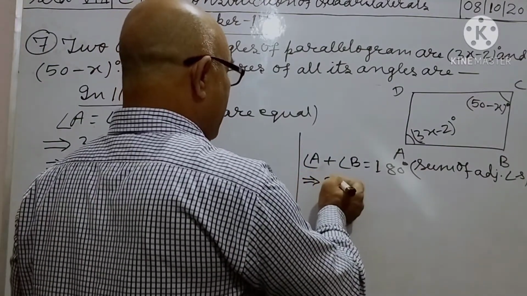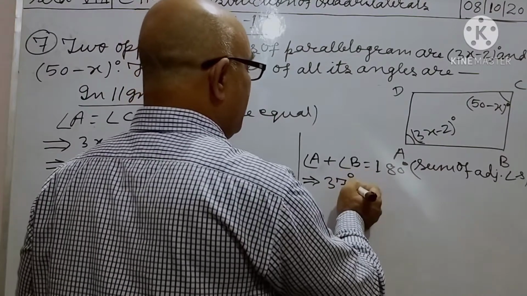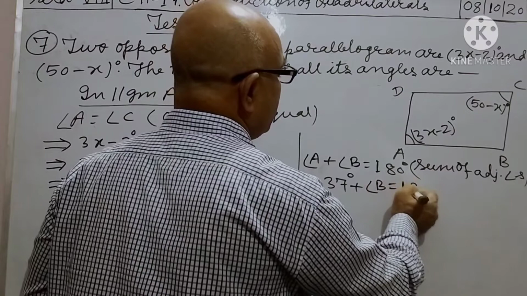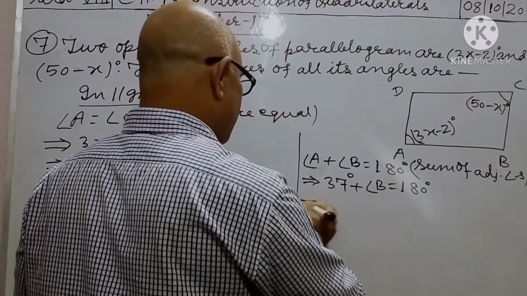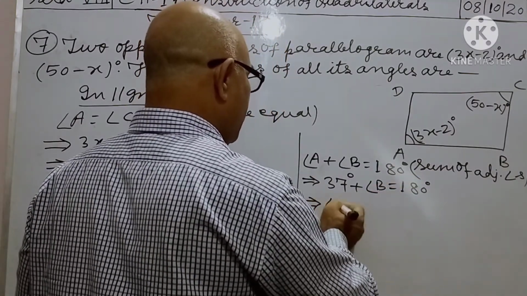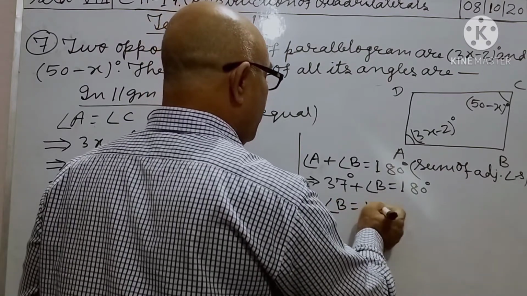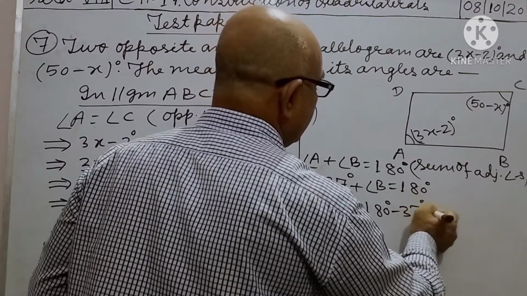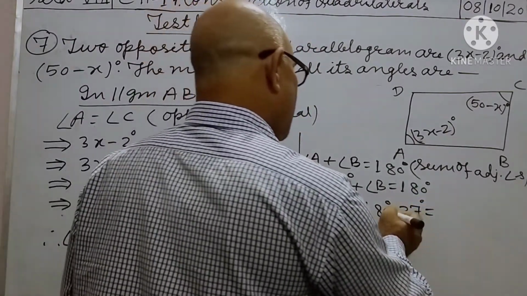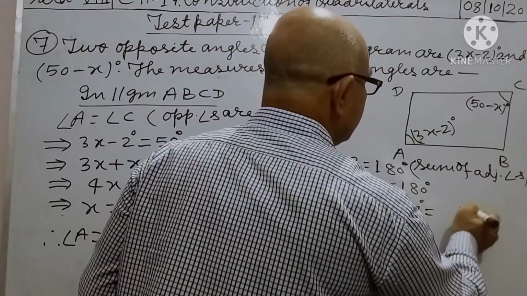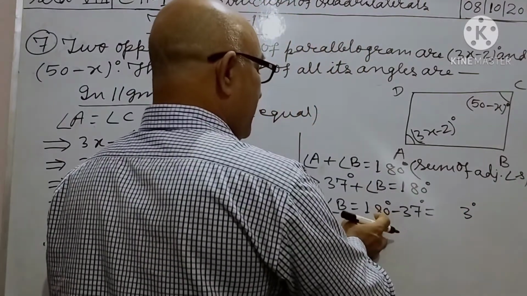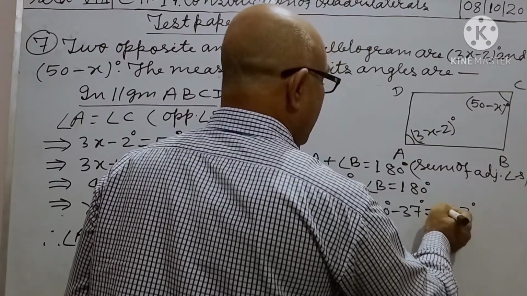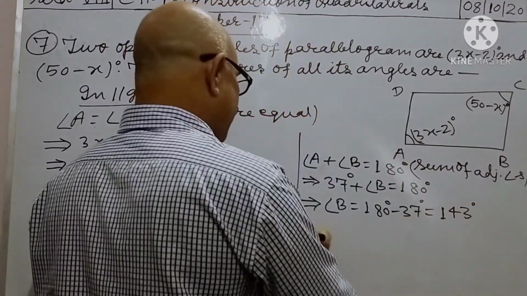So that implies 37 degrees plus angle B equals 180 degrees. That implies angle B equals 180 degrees minus 37 degrees, which is 143 degrees.